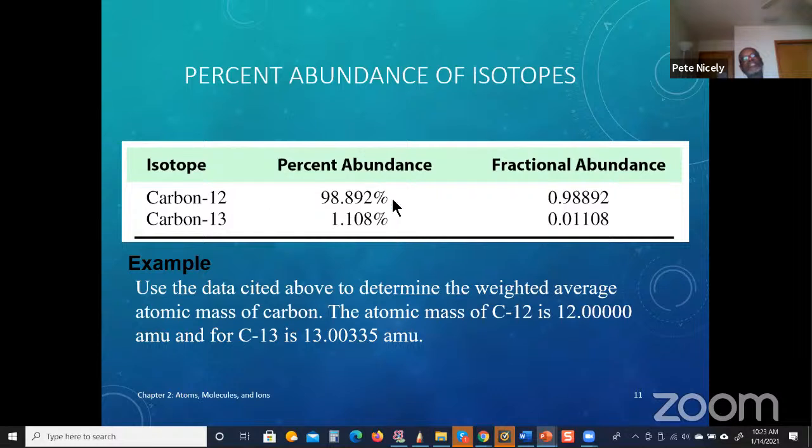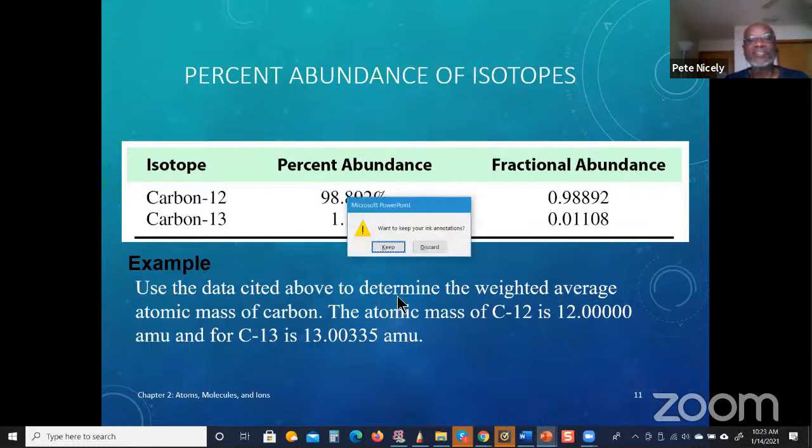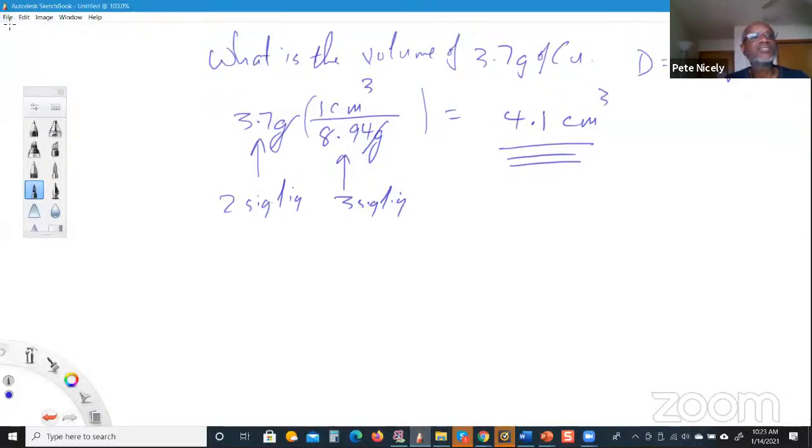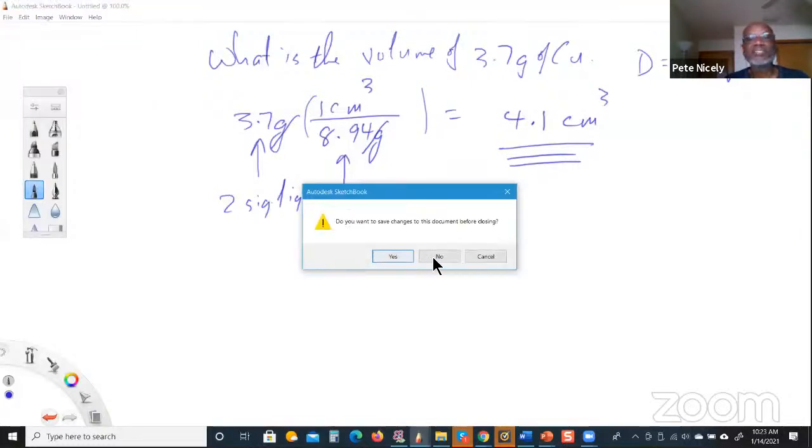So we call these numbers percent abundance, and that can be expressed also as a fractional number, which is called a fractional abundance. Now, what I'm going to show you using this example is how we use this kind of data to determine what is called the weighted average atomic mass of, in this case, carbon. So let me go to my sketch here.